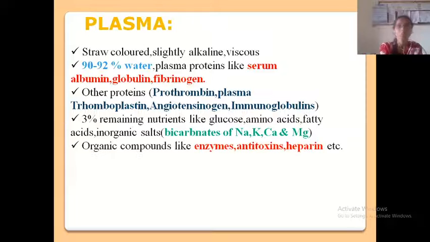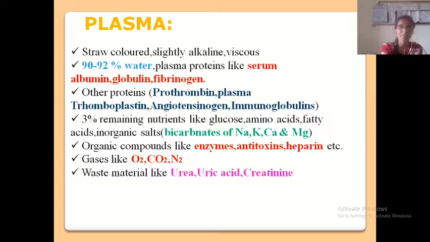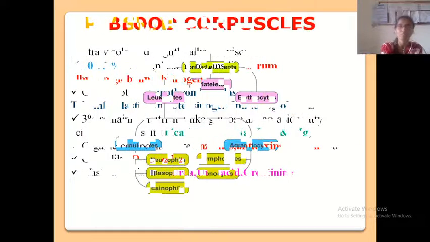Apart from these inorganic components and other proteins, plasma also consists of organic compounds such as enzymes, antitoxins, and heparins. It also consists of various gases and waste material like urea.